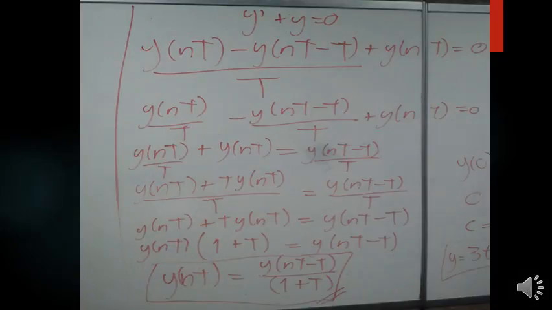Now we will be applying the new method of Euler discretization. We have the original differential equation y prime plus y equals 0.